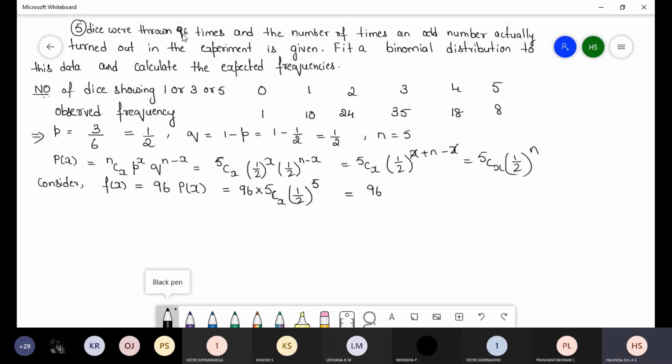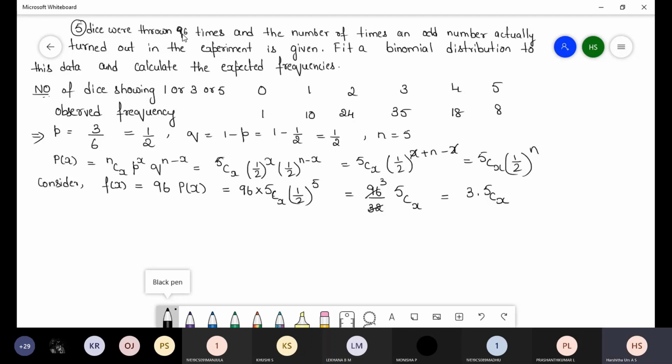So 96 divided by 2 power 5, what is the 2 power 5 value? 32. Yes. Instead of 2 power 5, we can write 32 into 5Cx. 32 3s are 96. So we can write 3 into 5Cx.